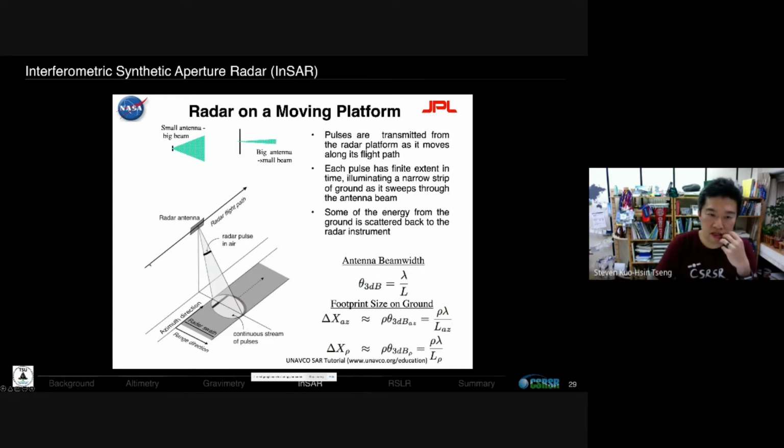Otherwise, once the satellite is flying away with a very small antenna, then we can only detect huge objects. So synthetic means that we try to measure an object several times along the path, to construct an antenna size of several kilometers long. So that's the beauty of so-called SAR.